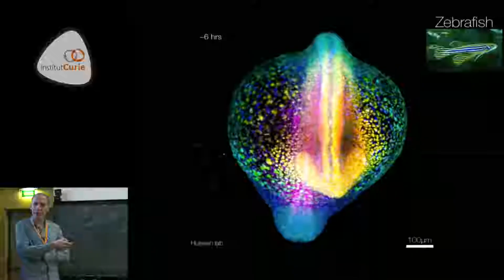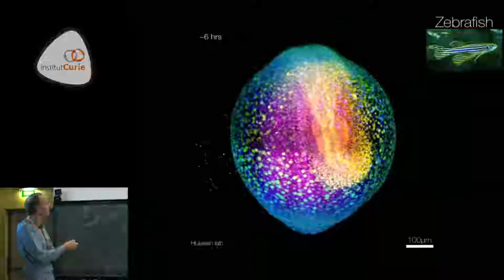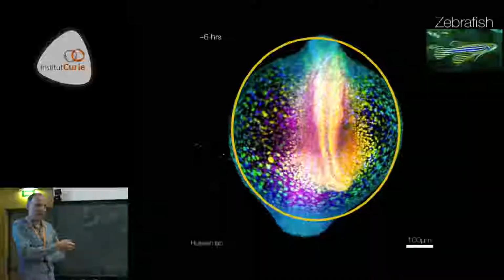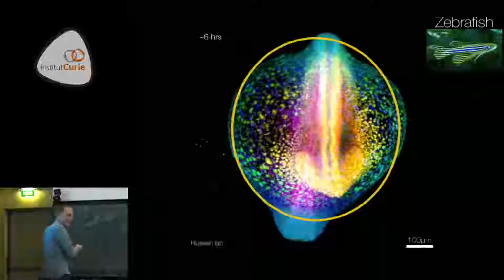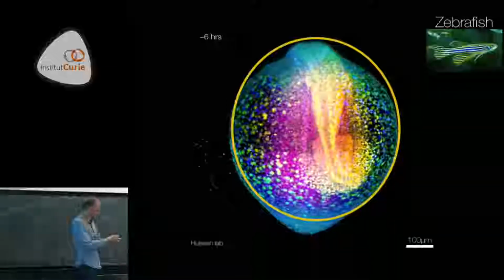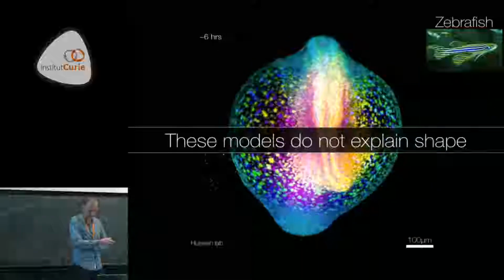And the point I really just want to make is that over the course of this 6 hours, this system moves from essentially round to non-round. Okay? And the point I want to make here is that all those models that I was just introducing on the slides before, they can't really capture that. Okay?